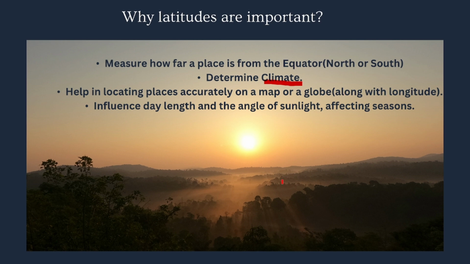We have latitudes as well as longitudes together as coordinates, which identify and locate different places on the map. Latitude influences the day length and the angle of sunlight, affecting different seasons. Like I told you about the heat zones, latitudes affect the different seasons as well. These are the reasons why latitude is an important concept.